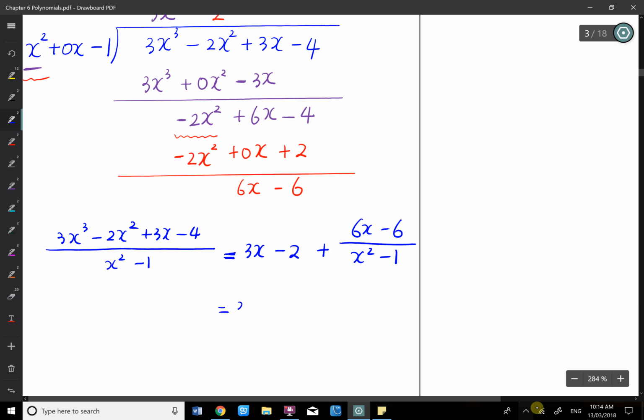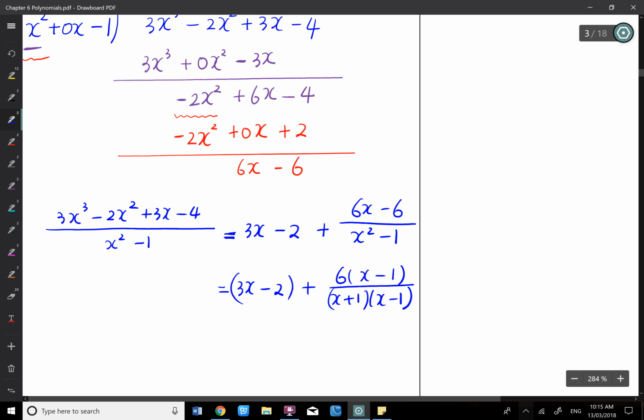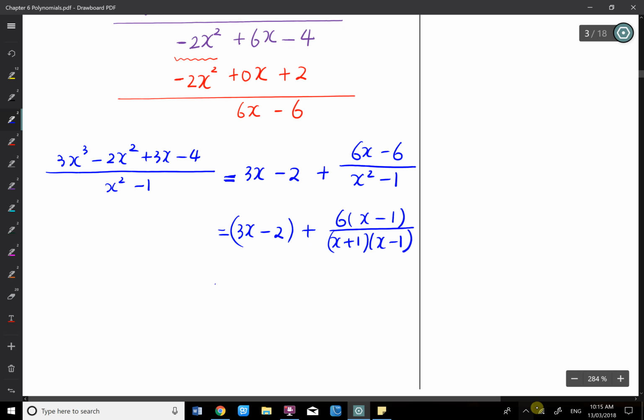So this equals 3x minus 2 plus 6x minus 6 over x plus 1 and x minus 1.